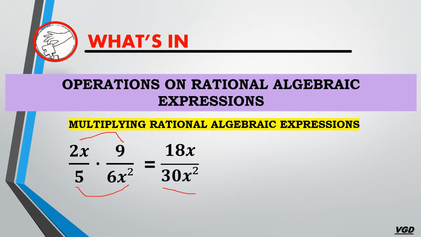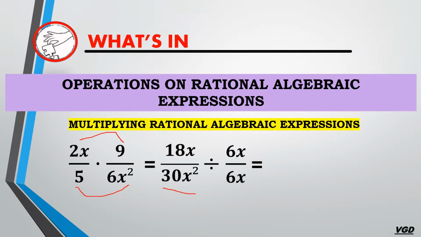We can still simplify 18x over 30x squared into lowest term. All we have to do is get its greatest common factor. The greatest common factor which is divisible to our numerator, 18x, and our denominator, 30x squared, is 6x. How did we get it? For the numerical coefficient, we got the greatest factor divisible for the numerator and denominator.